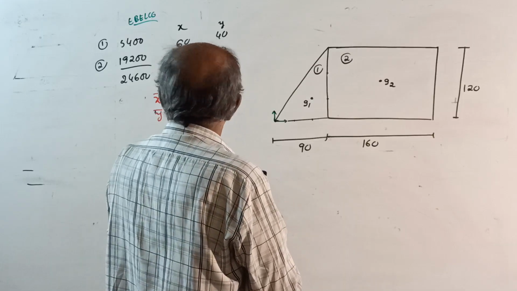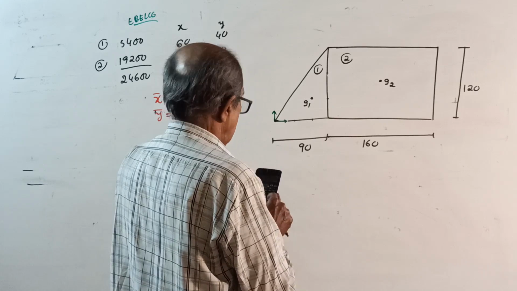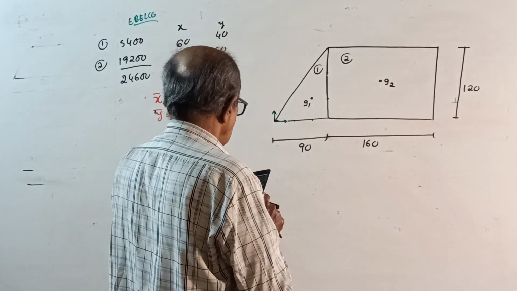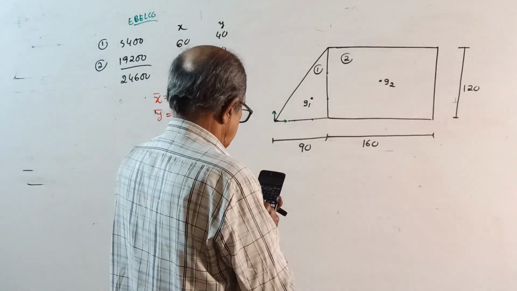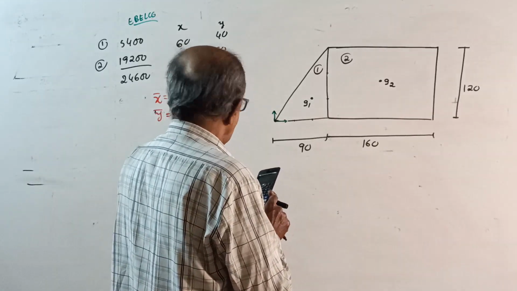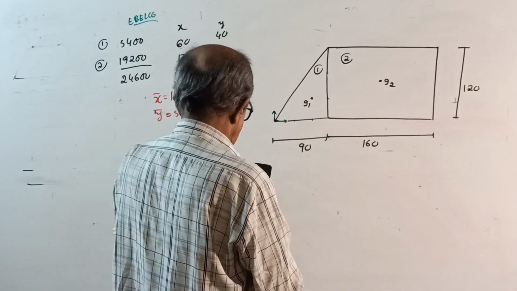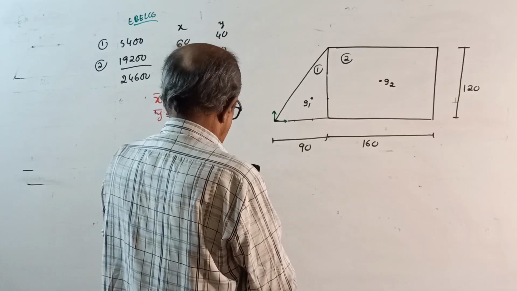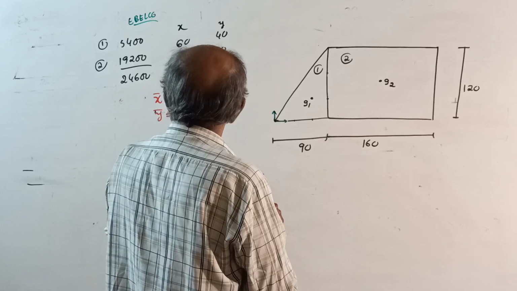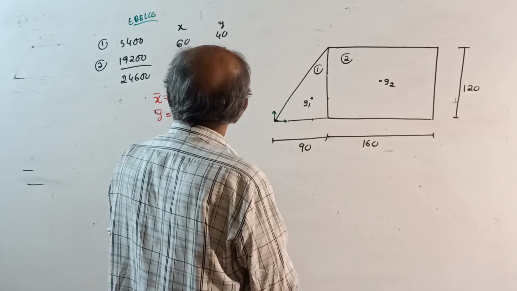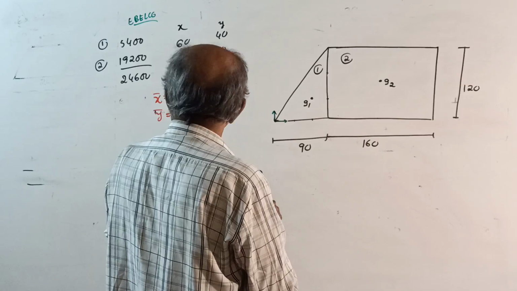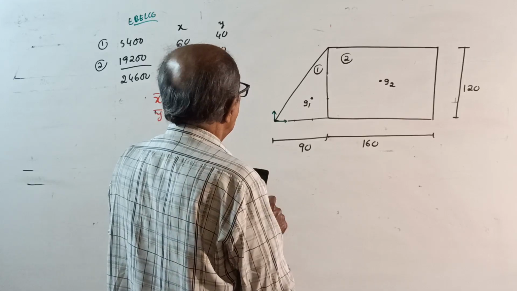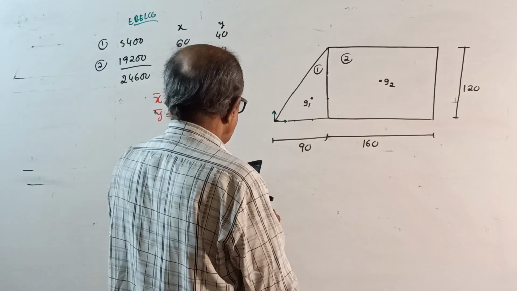Half into 90 into 120 is 5400. 160 into 120 is 19200. 19200 plus 5400 is 24600, correct? So 5400 into 40 plus 19200 into 60 divided by 24600 is 55.610.